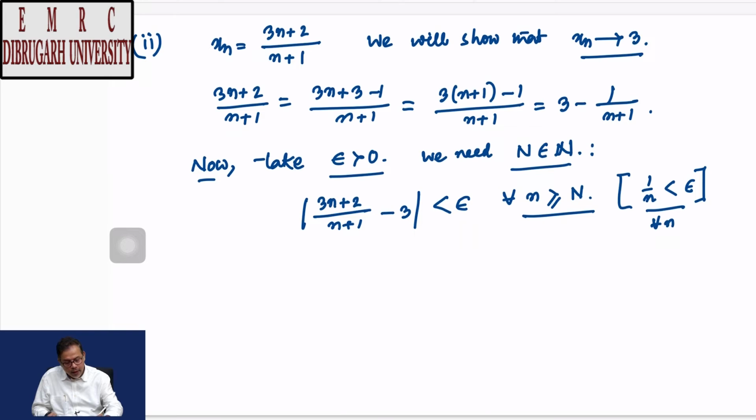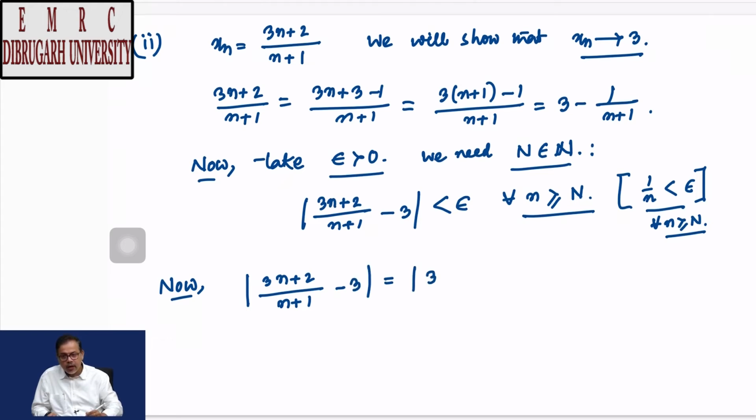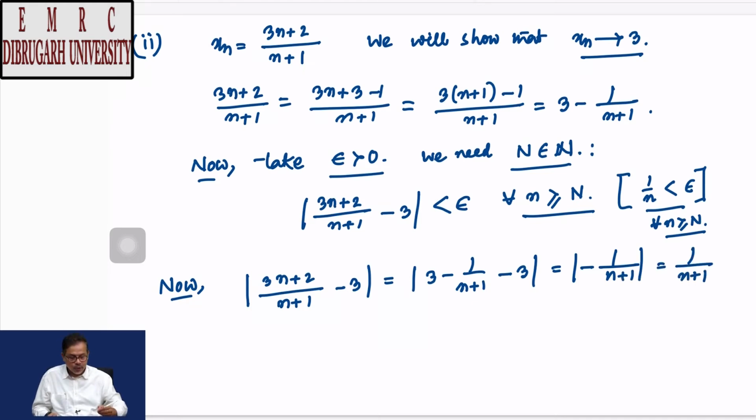This should hold for all n greater than or equal to N. From our earlier discussions, (3n + 2)/(n + 1) - 3 is ultimately 3 - 1/(n + 1) - 3, and that is the absolute value of -1/(n + 1), which is 1/(n + 1), which is less than 1/n.